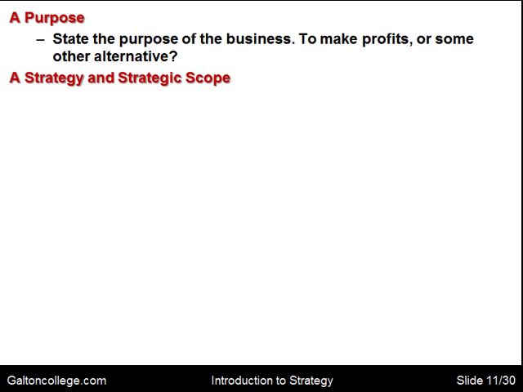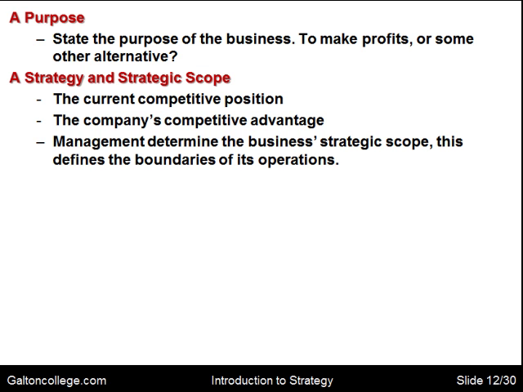The strategy and scope of the business is another one of the components of the mission statement. Here the current competitive position should be specified: the company's competitive advantage, its core competencies, its abilities, what's unique about the business, what it can do that the others find difficult.